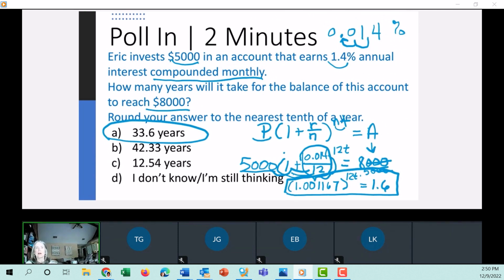So when we have it here, we're going to have to take the log of both sides. And then we get 33.6 years. I did 0.014 right here. So that's going to take some practice in using your calculator and finding that log button. So this is the week that you can just drop into Help Lab if you've got questions over this, okay?